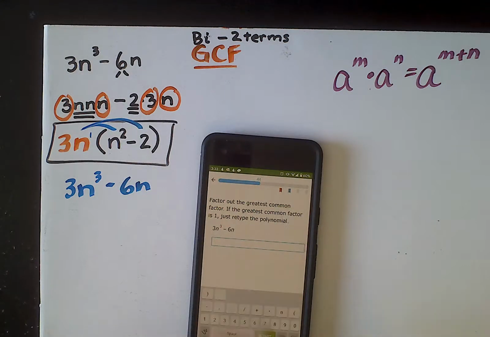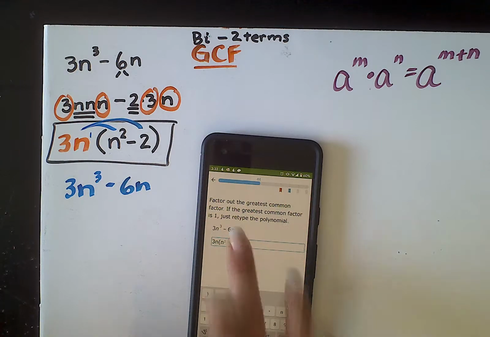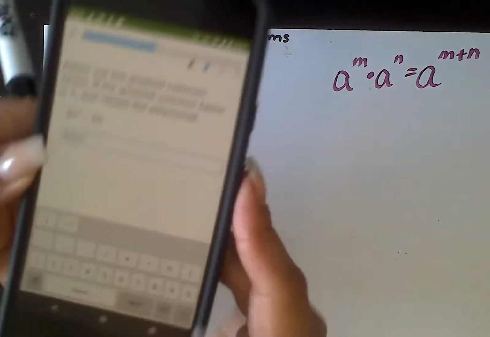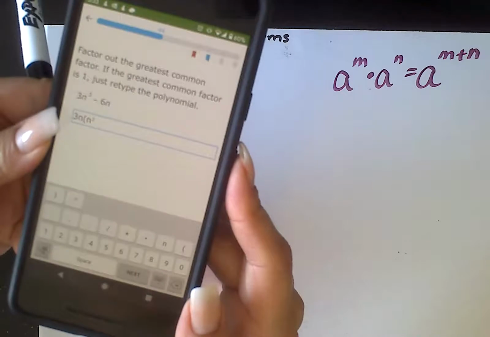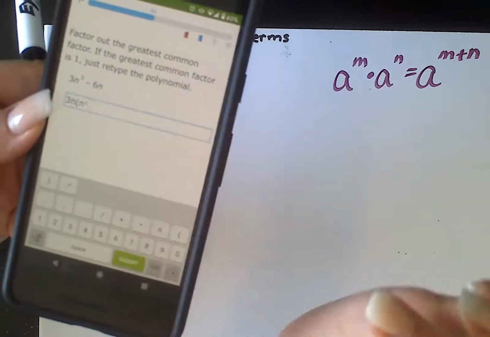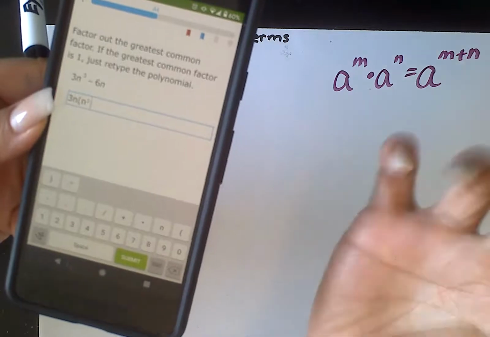There we go. And I like to have my work either on a piece of scratch paper, or I'll show you what this is right now. Okay. Now, one thing you'll notice is that my cursor right now is up in the exponent area. I'm just going to tap on it and you'll notice that the cursor got bigger.